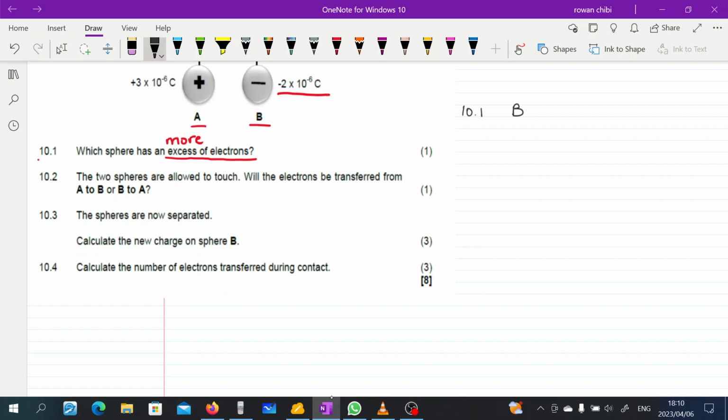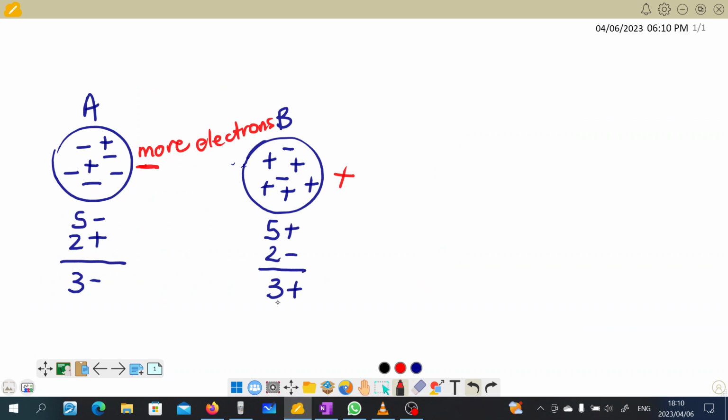10.2, the 2 spheres are allowed to touch. Will the electrons be transferred from A to B or from B to A? Which way are electrons going to move? From our previous example, we know that electrons move from the charge that is negative to the charge that is positive.